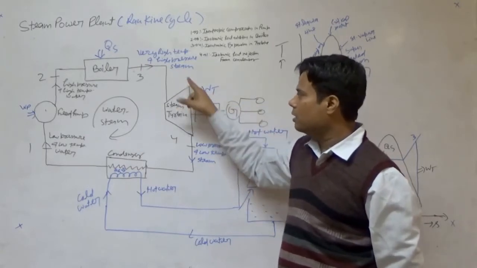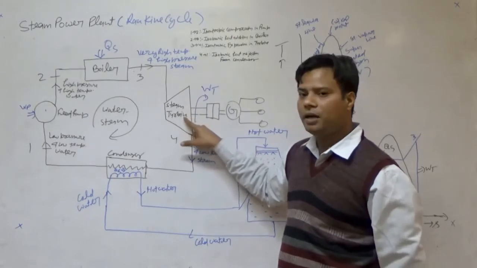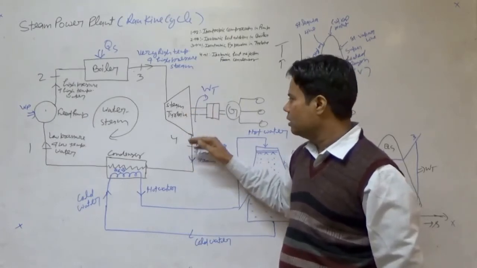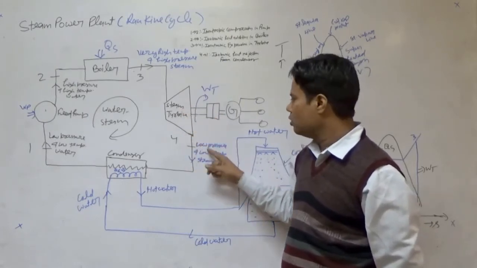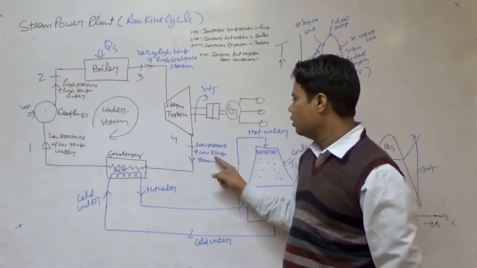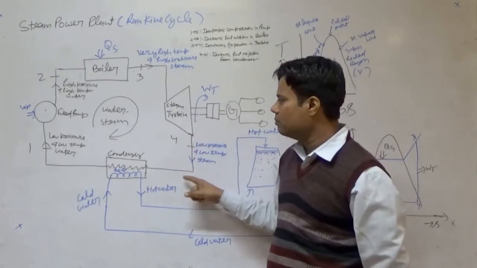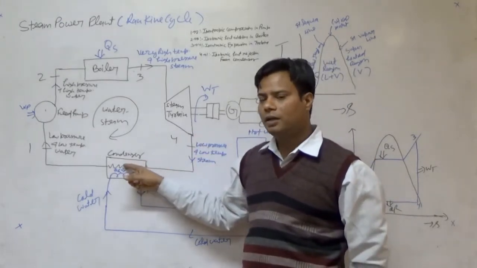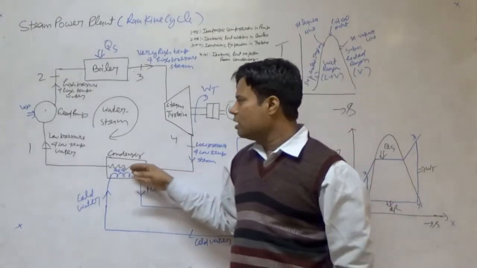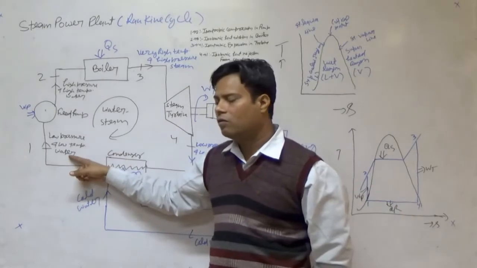After striking the turbine blades, the steam expands inside the turbine. After expansion, we get very low pressure, low temperature steam from the steam turbine, and this steam then enters the condenser.